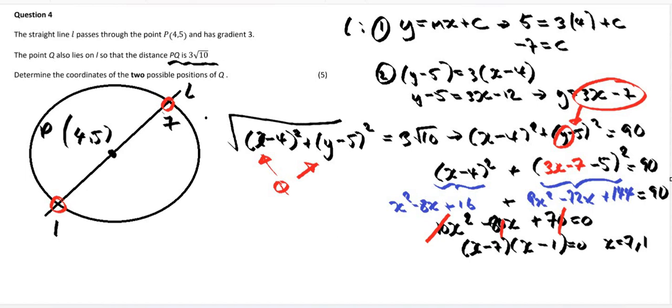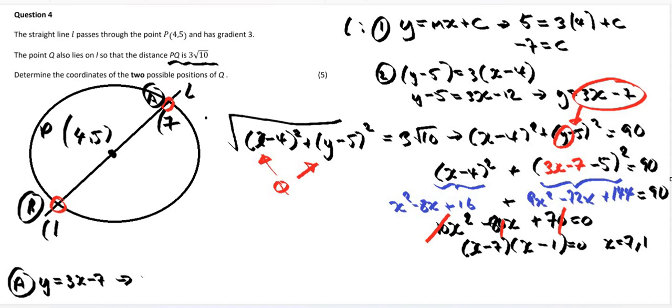So now what we have to do is find the y coordinates to go with it. How do I find the y coordinates? Well, okay, so let's call this one A and this one B. So for A, substitute it in. I know my x value is 7. I know my equation. So L's equation is y equals 3x minus 7.